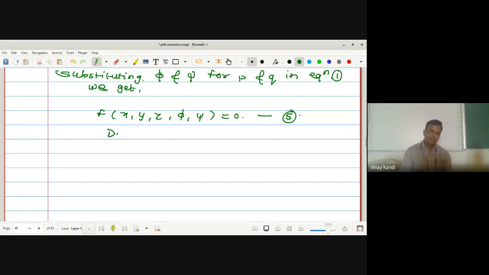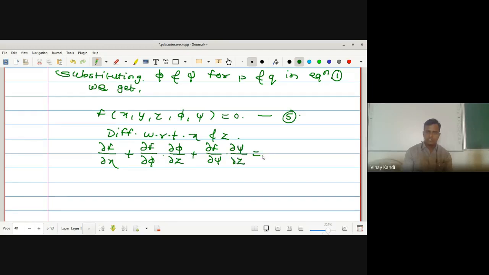Now differentiate with respect to x and z. We get dou f by dou x, since f is a function of x. Similarly, dou f, where f is a function of phi and phi is a function of z, plus dou f, where f is a function of psi and psi is a function of z, which is equal to 0.